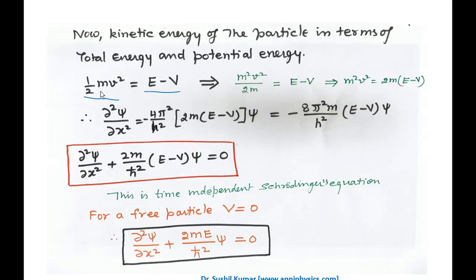So what I did, I just multiply it by m and divide by m. So this is equal to m square v square upon 2m, that is equal to E minus V. So I have to find out the value of m square v square, so that is equal to 2m E minus V.